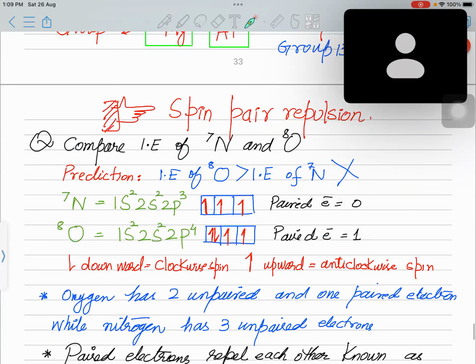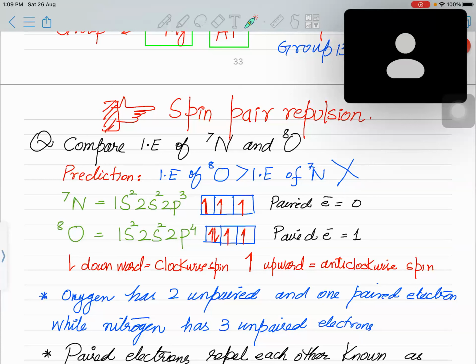Now, can you compare the ionization energy of nitrogen and oxygen? Sir, it's sort of the same thing again. Nitrogen has higher ionization energy than oxygen, and it's because of the same reason. No, it's not the same reason. They have the same amount of inner electrons, so the shielding effect will be the same.